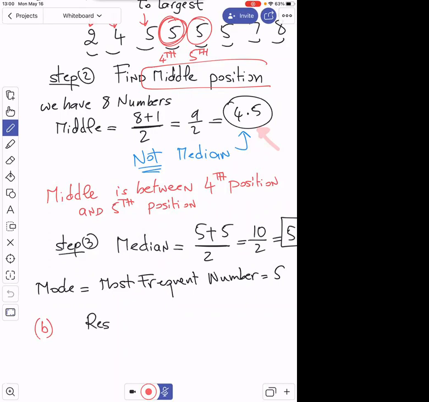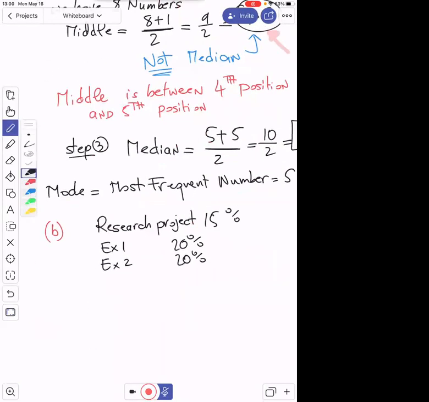So the research project is worth 15%. There is exam 1 worth 20%, exam 2 worth 20%, exam 3 worth 20%, and then there is a final, worth 25%.